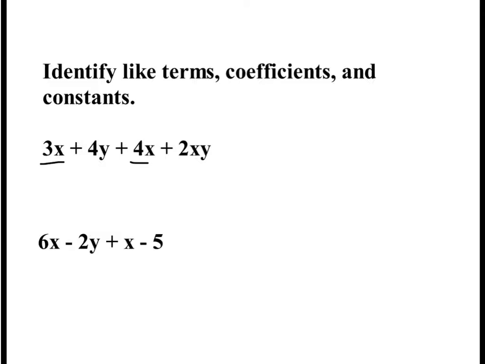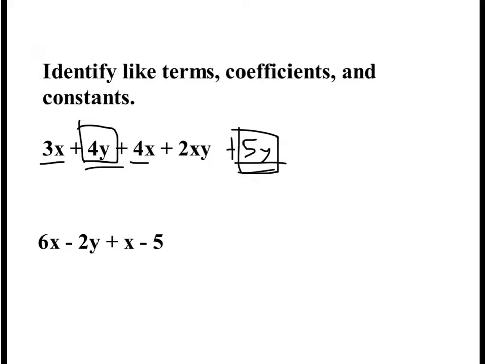No. Now if I had something like this, 5y right here, is that a like term with 4y? Yes. So I would use a different symbol. My first one is 1 underline. My second one I do 2 underlines. My third one would be like a box or a circle.